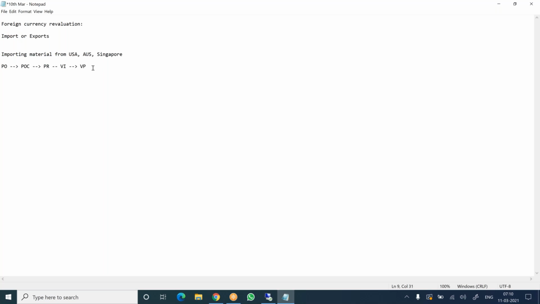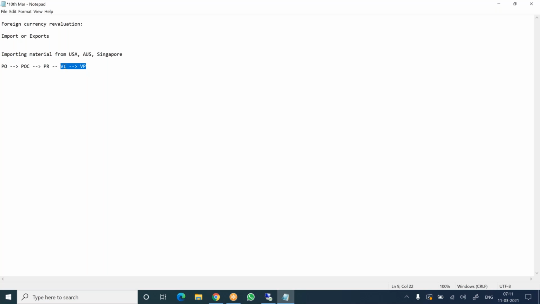During this process, between vendor invoice and vendor payment there will be a gap. Once the invoice is posted, you will not pay immediately; you may pay after a few days. Because of that gap, exchange rate differences happen.